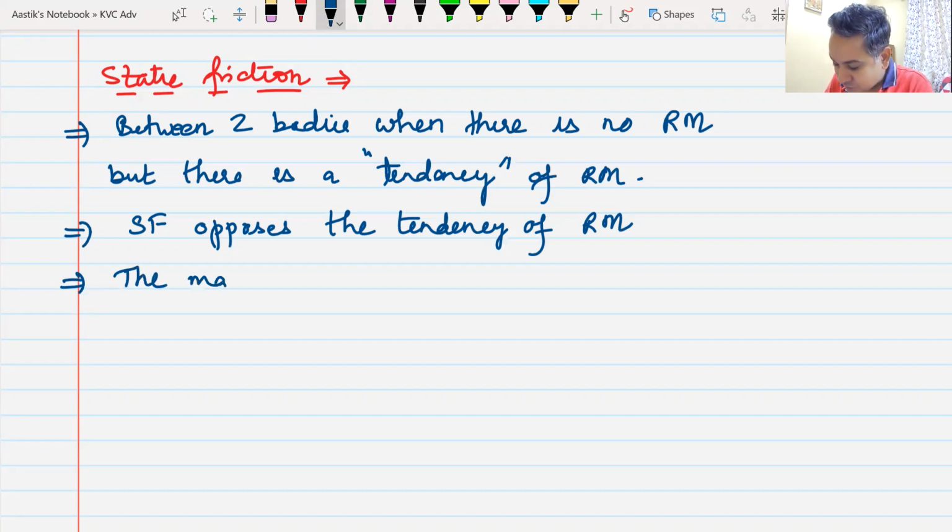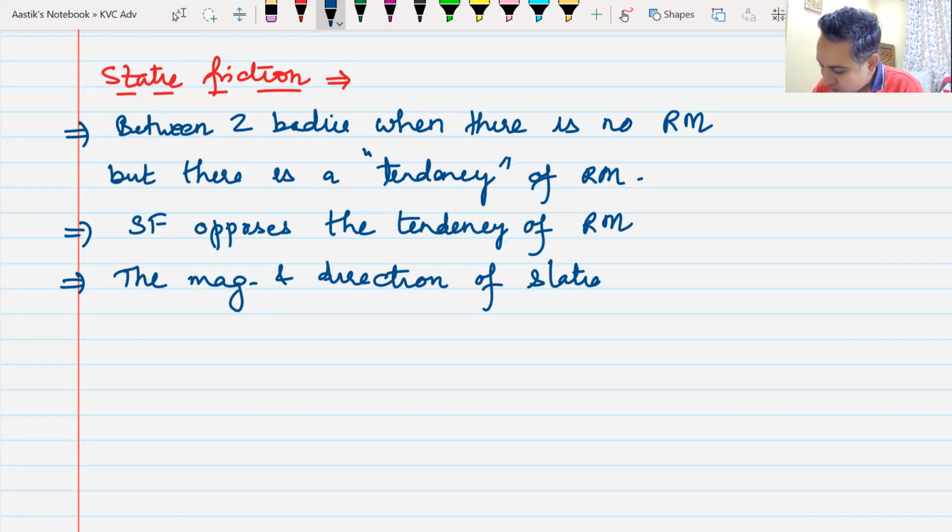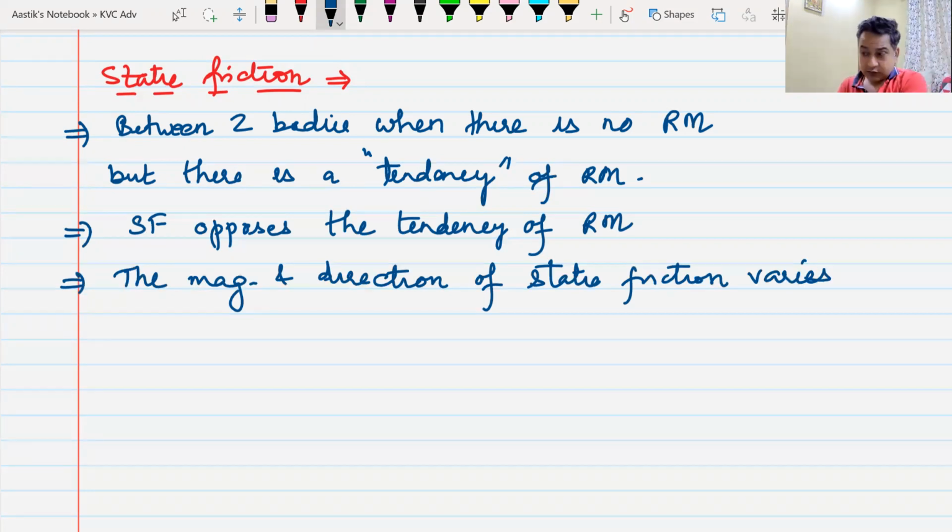The magnitude and direction of static friction varies depending on in which direction the body is moving or supposed to move. The magnitude and the direction of static friction changes. Do we understand this? Yes, sir.